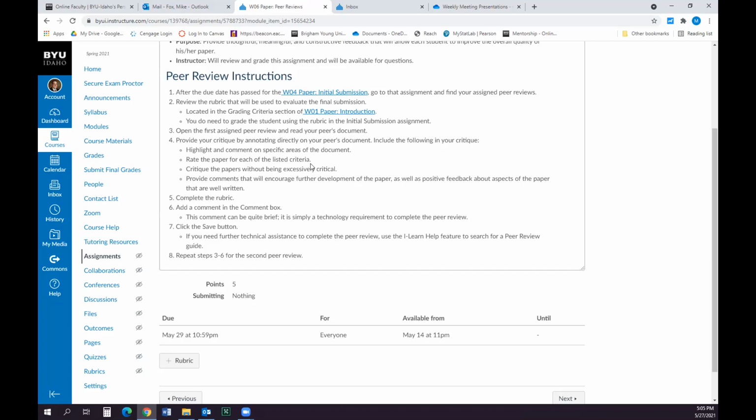But it's something I would spend 20 minutes on, not 2 hours on, honestly. Unless their paper really, really needs help and you feel like you have the capability of giving that help, then great.